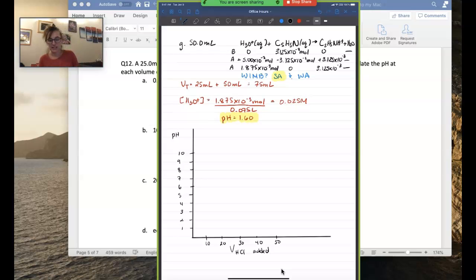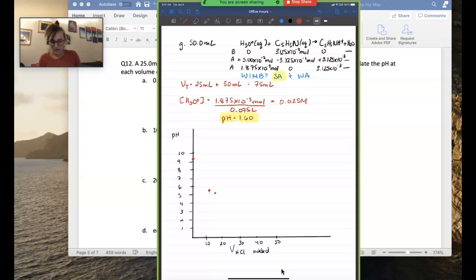So initially, our pH was 9.16 before we added anything, so weak-base solution. And then after 10 mils, it went to 5.56. And then at half the equivalence point, it's about 15.6 milliliters. That's half the volume to the equivalence point. We get a pH of 5.23.